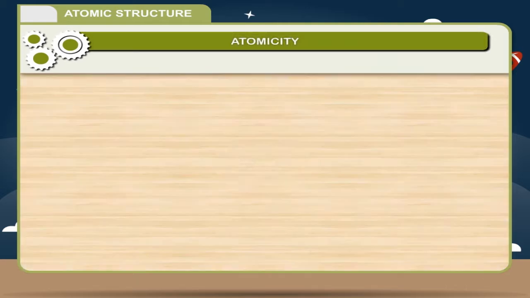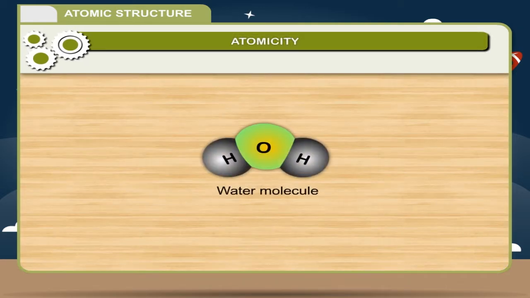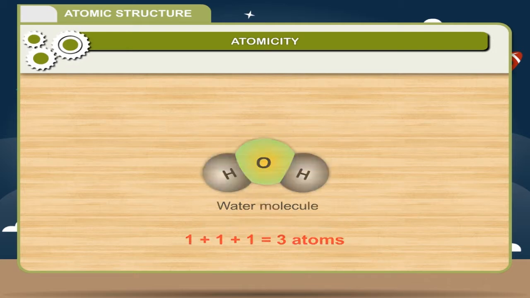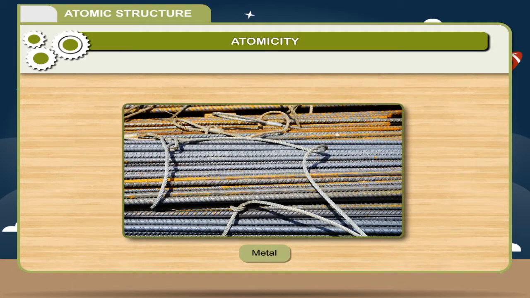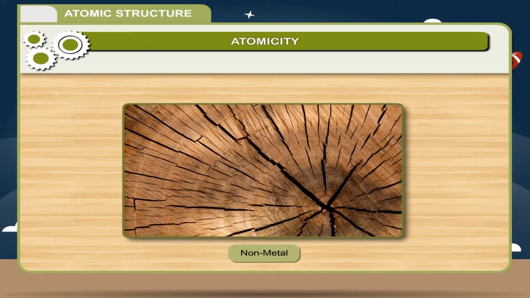Atomicity. Atomicity is defined as the total number of atoms present in a unit molecule of an element, substance, or compound. In case of metals, atomicity is generally observed to be 1. In case of nonmetals, it generally varies from 1 to 3.